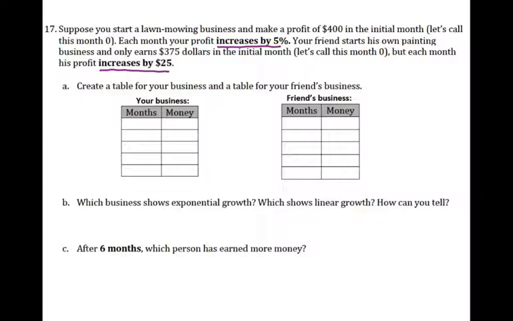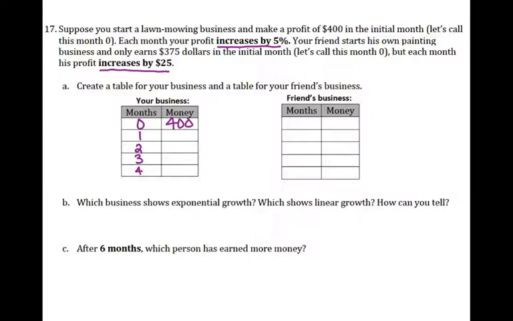Okay, so my business starts with an initial value of 400. Okay, so we're doing it for each month, so I'm going to go 1, 2, 3, 4. Now, in order to calculate what's happening month after month, I need to pay attention to what's happening with the scenario. It is increasing by 5%. So what I have here is an exponential growth function because I am increasing by a percent.